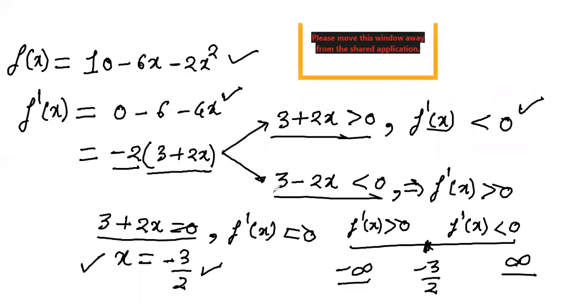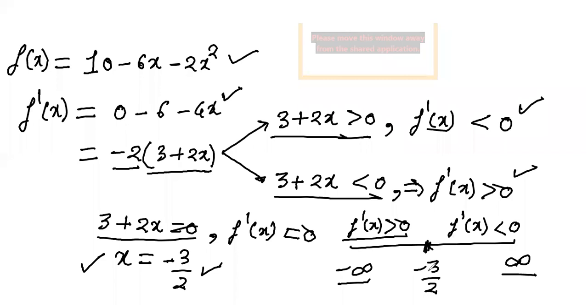Similarly, 3 plus 2x less than 0 means f dash x is greater than 0. So from minus infinite to minus 3 by 2, f dash x is positive, and from minus 3 by 2 to infinite, f dash x is negative.